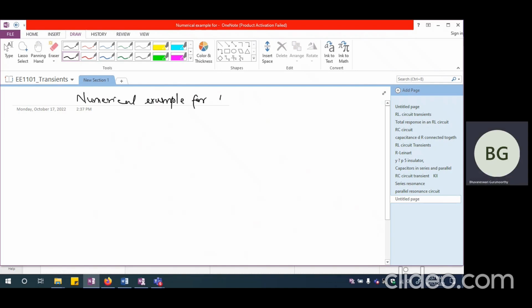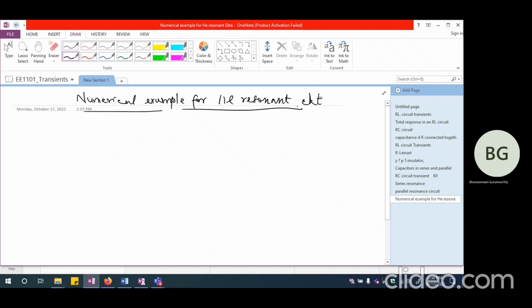for a parallel resonance circuit. So let's try to do one problem for the parallel resonant circuit. The problem statement is somewhat like this.